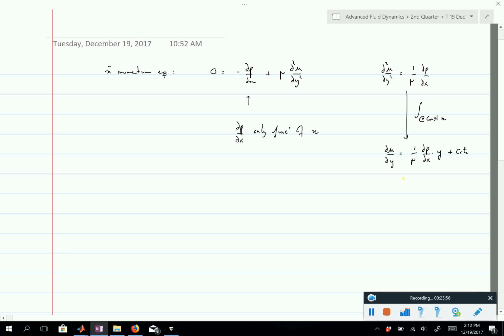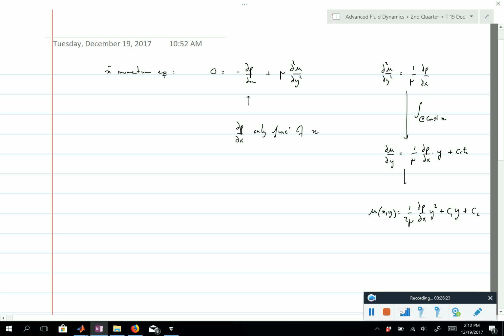And when I integrate a second time, I get that u as a function of x and y is equal to 1/2 mu partial p over partial x y squared plus, let me call it a constant 1 times y plus a constant 2.